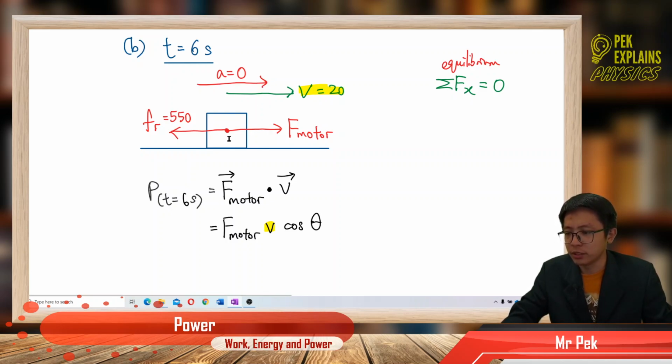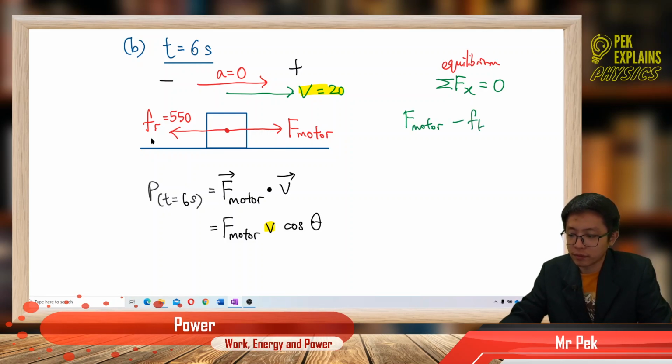So the force to the right equals the force to the left. Going to the right is positive, going to the left is negative.